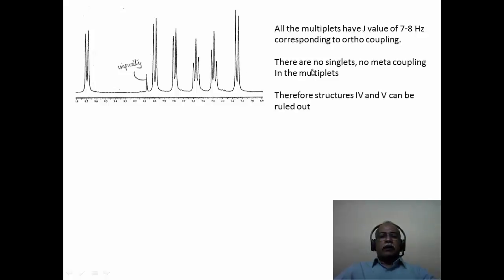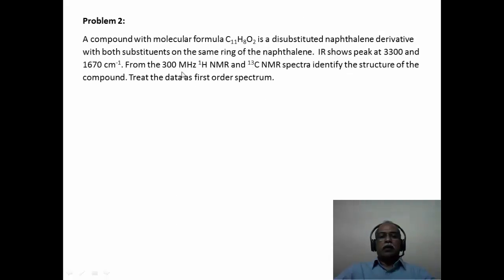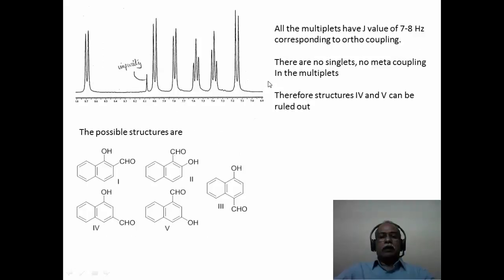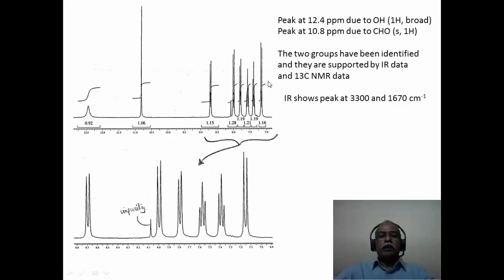What is even more important is that each one of these multiplets has a J value of about 7 to 8 Hertz or so, which corresponds to ortho coupling. One can take the gap between these two multiplets and calculate the frequency. The frequency is 300 megahertz NMR spectrum, which is very clearly given in the beginning. So 1 ppm would correspond to 300 Hertz or so.